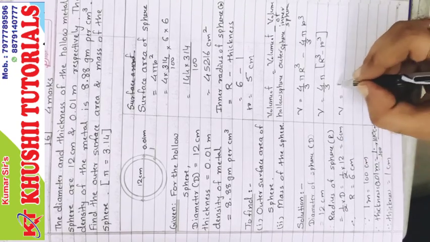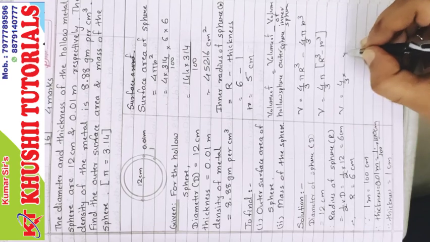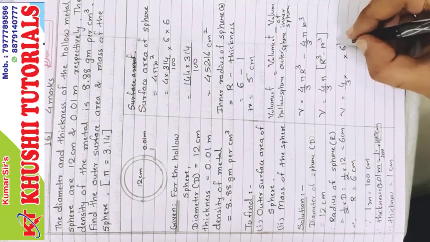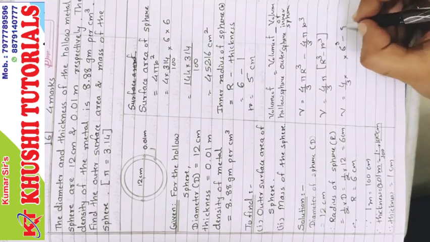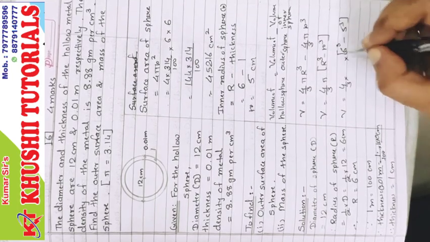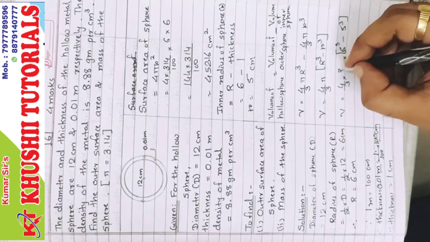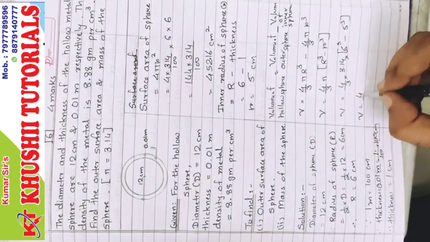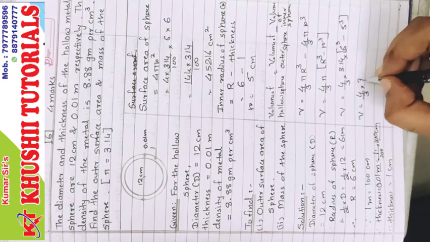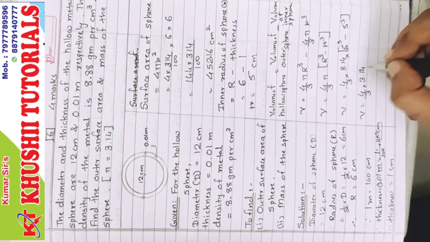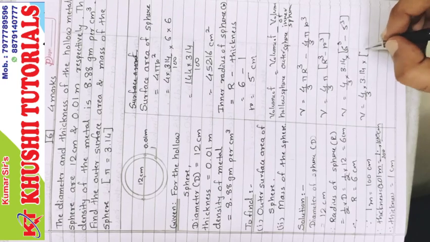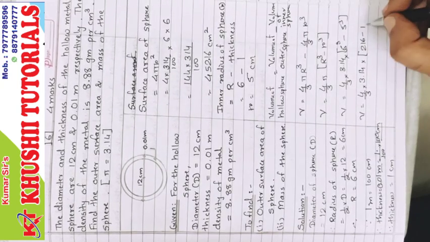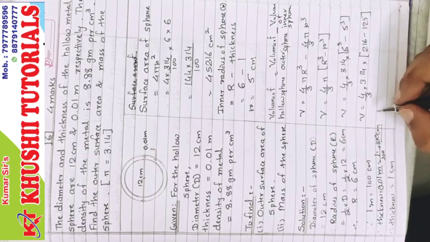Volume is 4 upon 3, capital R is 6 cube minus small r is 5 cube, and the value of pi we know 3.14 or 314 upon 100. Now 4 upon 3 into 3.14 into 6 cube, 216, minus 5 cube, 125.